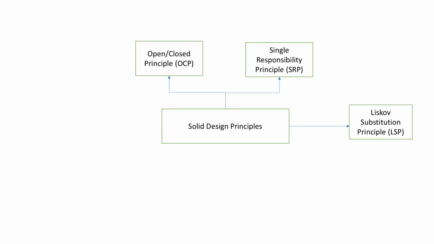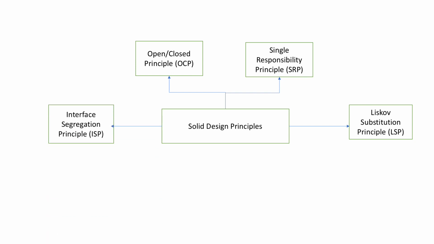The third design principle is the Liskov Substitution Principle, which says that a subclass should be substitutable for its base class. So if A is a subtype of B, then B objects in a program can be substituted with A objects without affecting any of the program's desired qualities.